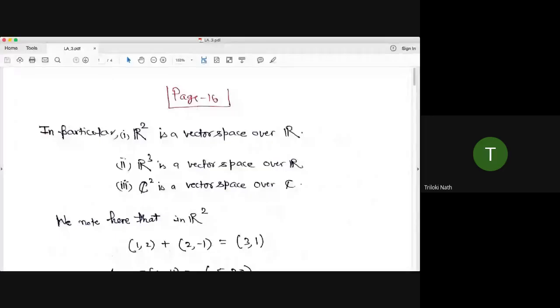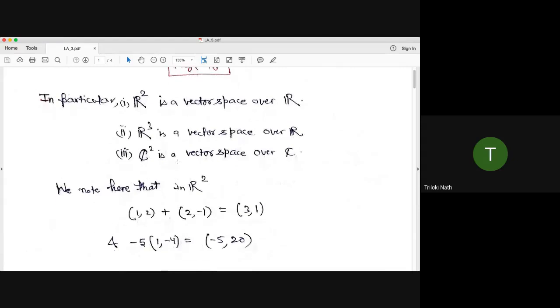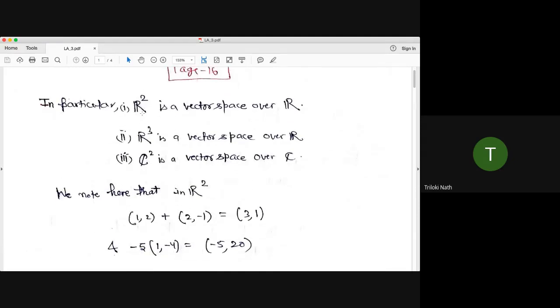Okay, so let us see another one. So what we see here, in particular, if F is replaced by R and n is replaced by 2, that is R^2.